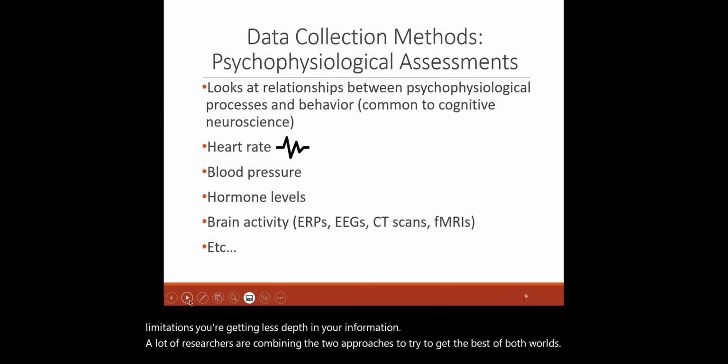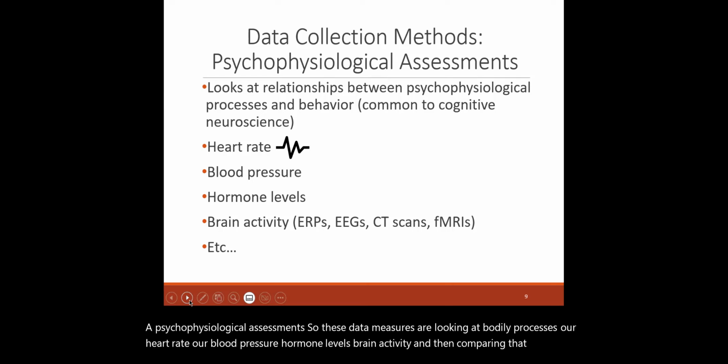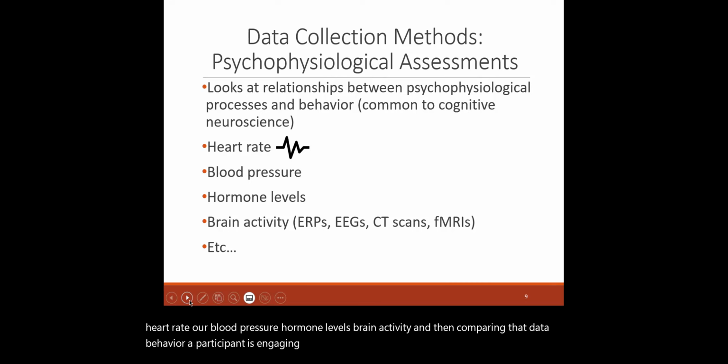Psychophysiological assessments. So these data measures are looking at bodily processes like our heart rate, our blood pressure, hormone levels, brain activity, and then comparing that data to the behavior a participant is engaging in. And this type of data collection is very common to the field of cognitive neuroscience, particularly the brain scan, I should say.